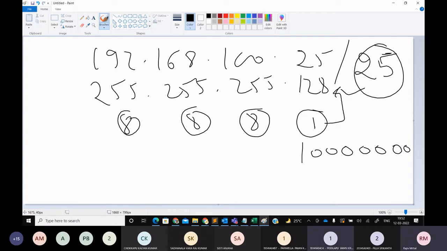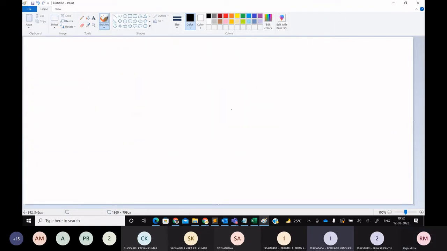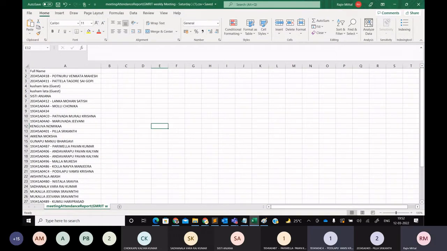So let's take one more example. I will just say how to write this /26 subnet mask. Let me hear it from the next person.